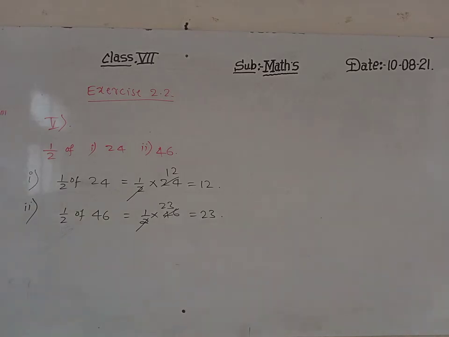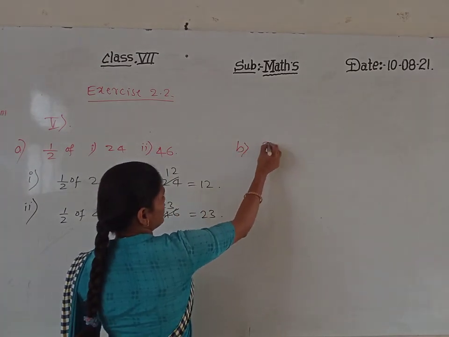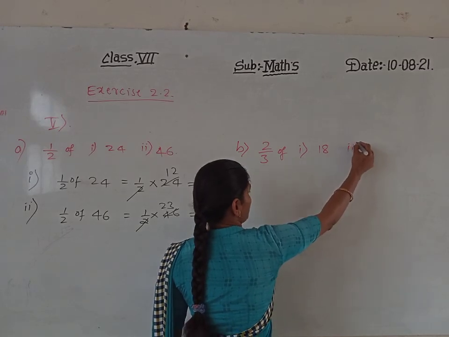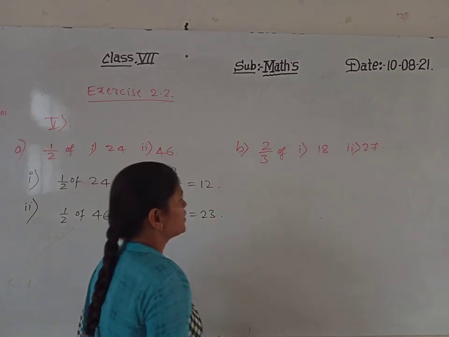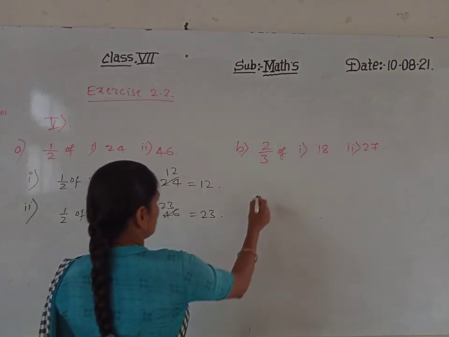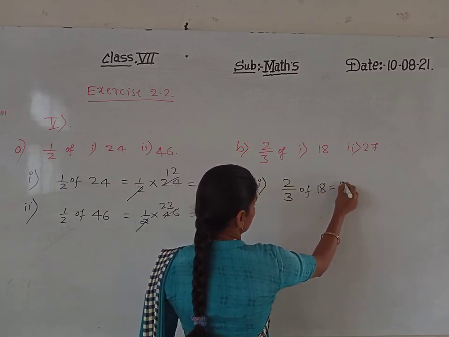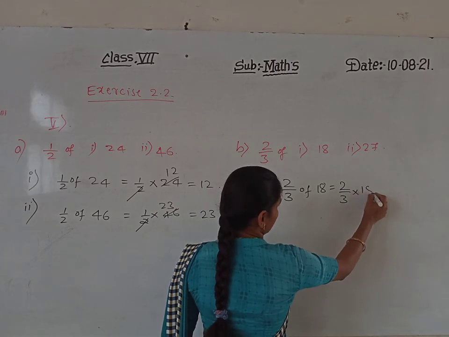Then part B here, 2 by 3 of 18 and 27. It is the 8th one. First one 18, second one 27. See here, first one, 2 by 3 of 18, in the sense 2 by 3 into 18.